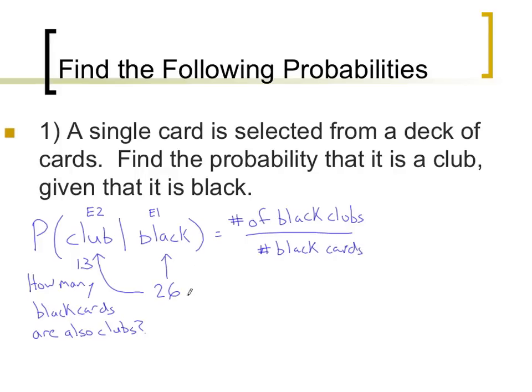The number of blacks is going to go on the bottom. That's 26. And then out of those blacks, 13 are clubs, so we have 13 on top. And here we get 1/2, or 50%. All right, let's move on.